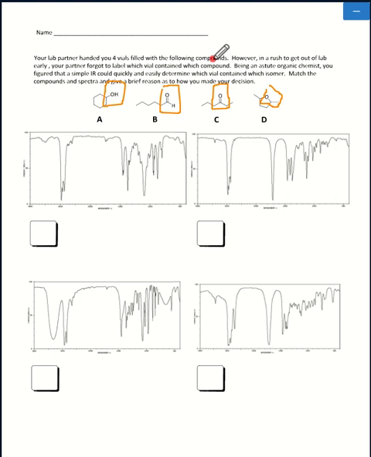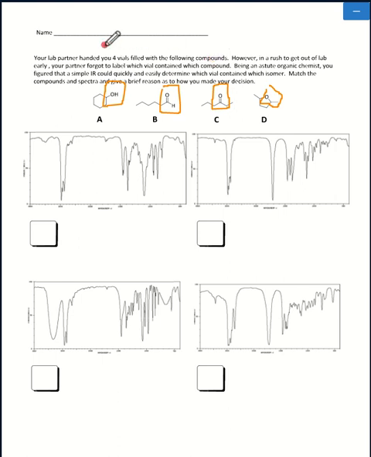You can go to that web link and use Control F to search for, say, alcohol or OH, and it will show you where those normally appear on an IR, or you can search carbonyl, ketone, aldehyde to quickly go through all their numbers. And here's essentially how to start solving this page.